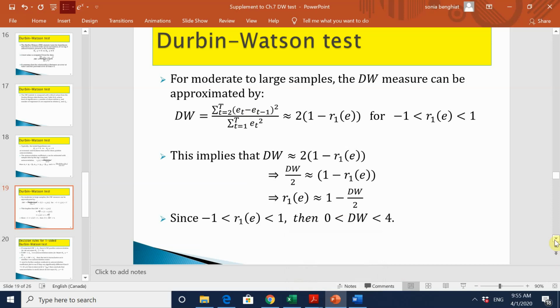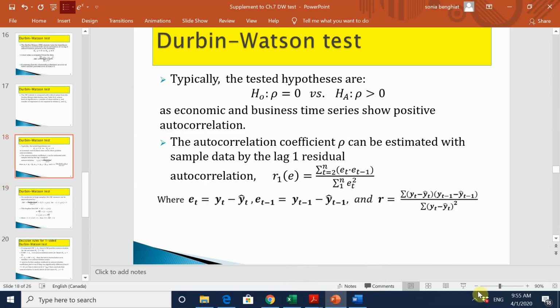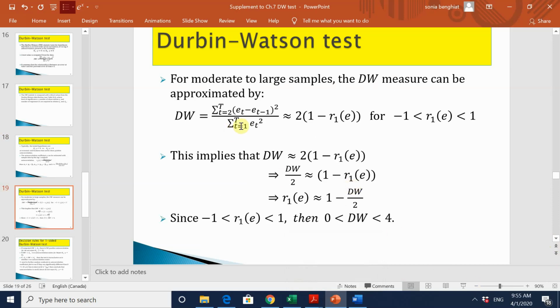No, this is correct, sorry. So here we have the difference of the error terms divided by the sample variance of the error terms. For a moderate to large sample, it is approximately equal to 2 times 1 minus the correlation coefficient for the sample.